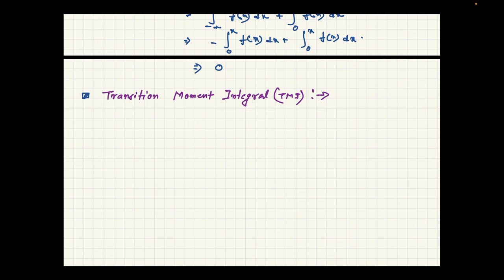So let's say you have some energy state I, and you have some final energy state F. Now you want to have some transition from the initial state I to the final state F. The energy difference between these two states is, let's say, h nu if, where nu if will be equal to nu I minus nu f.